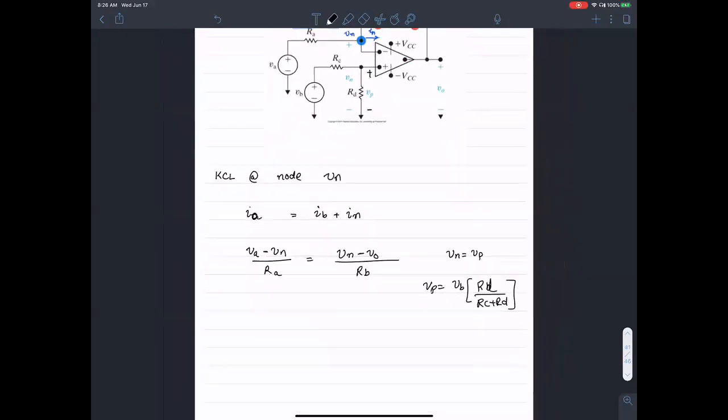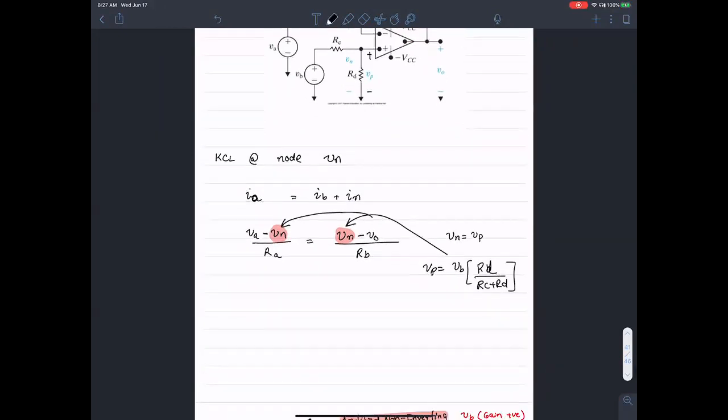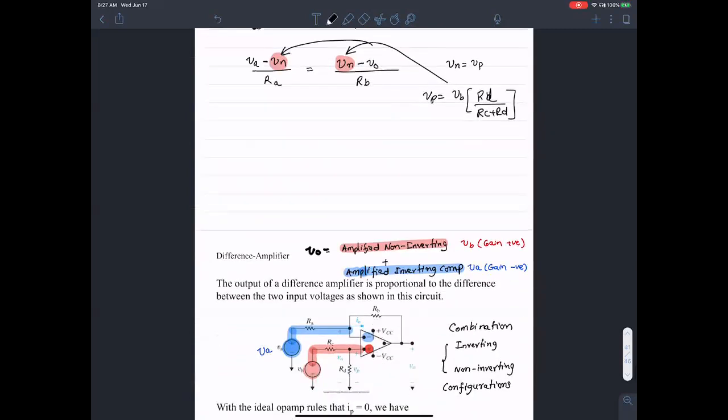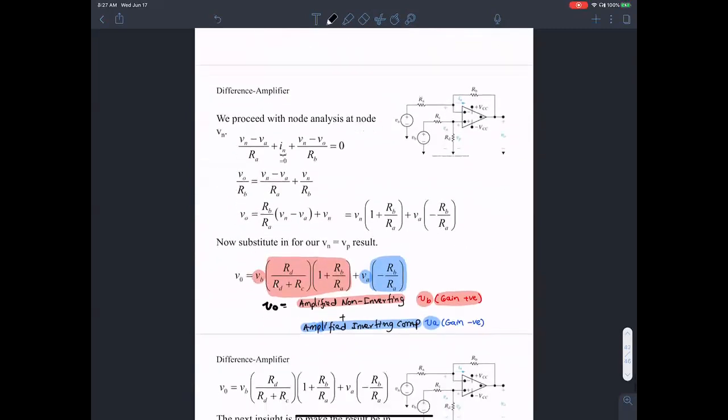So plug in those expressions, Vn to be this guy, and manipulate this algebraically, we get exactly what we were after. We'll get that expression.